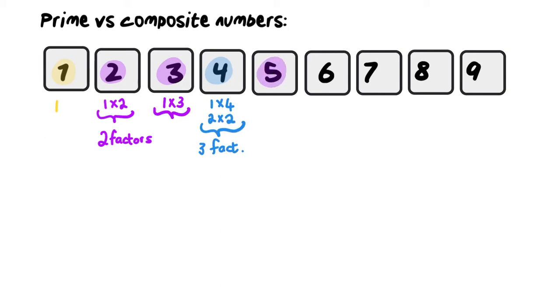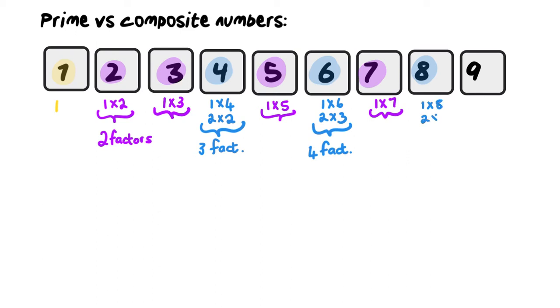5 is a special number again because it only has 2 factors. 6 has definitely more than 2 factors because it can be 1 times 6 and 2 times 3, meaning that 6 has 4 factors. 7 only has 2 factors because it is 1 multiplied by 7. 8 has a few more again, which means 1 times 8, 2 times 4.